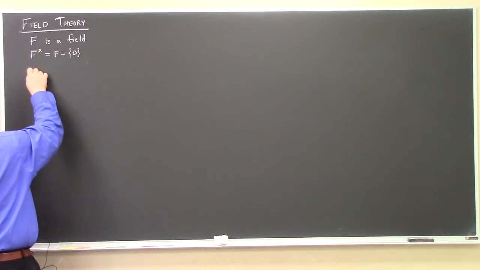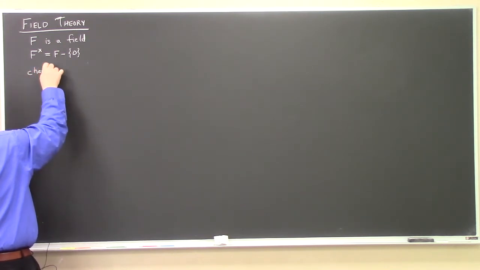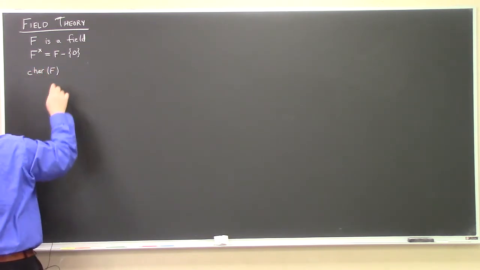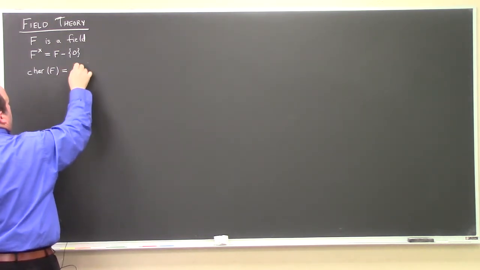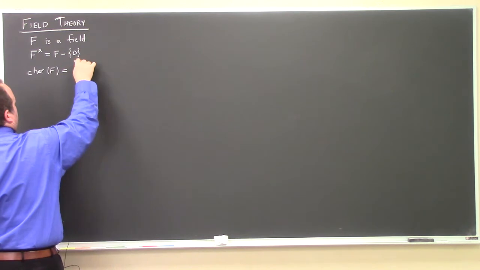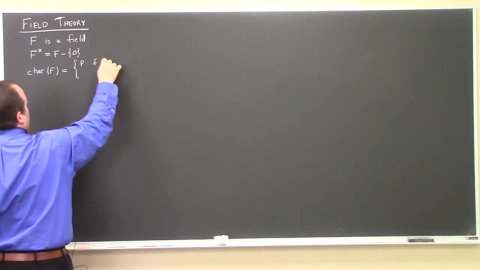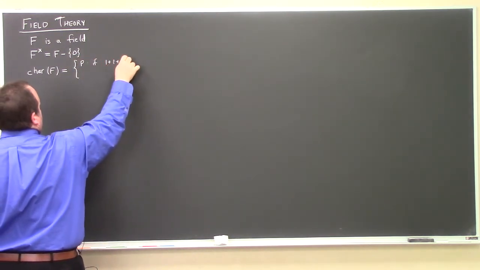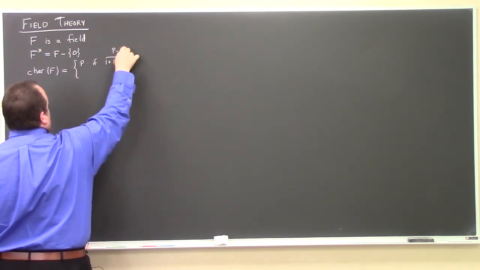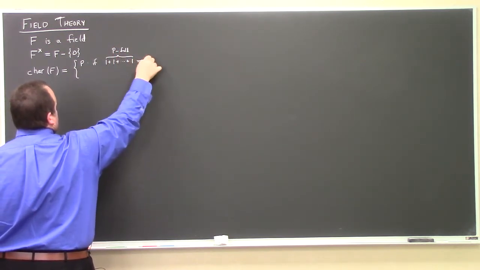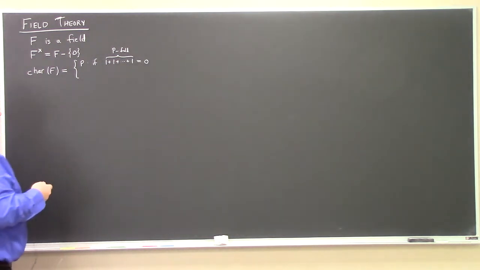Next up, you can talk about the characteristic of the field, right? It's either equal to a prime p, if 1 + 1 + ... + 1, p-fold, is equal to 0, then it's said to be characteristic p.